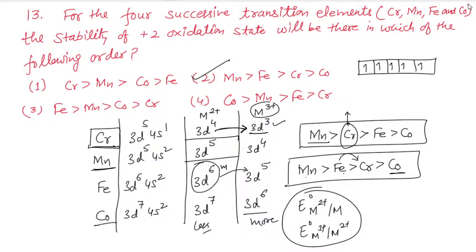But keep in mind that option 2 is correct: manganese in the +2 state is more stable than Fe2+, and then chromium and cobalt. Okay beta.